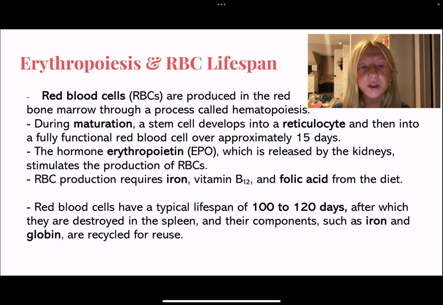The hormone erythropoietin, which is released by the kidneys, stimulates the production of RBCs. The production of them requires iron, B12, and folic acid from the diet. Red blood cells usually live from 100 to 120 days, and after they are destroyed in the spleen, their components like iron and globin are recycled.